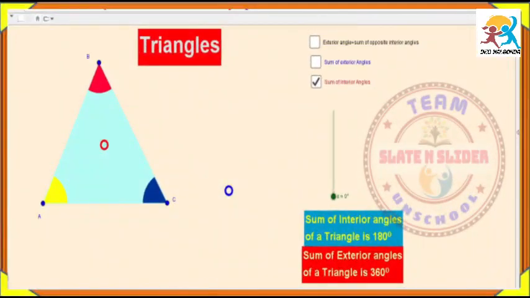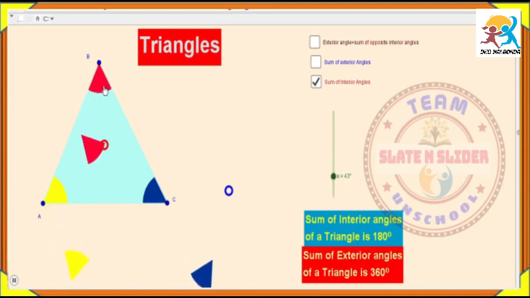Here is the figure. It is a triangle and angle A is colored yellow, angle B is colored red and angle C is colored blue. So now we will find out the sum of these three angles.